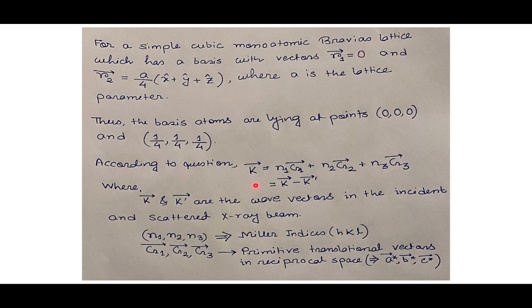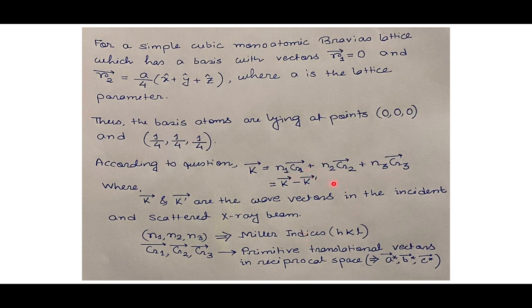According to the question, this capital K vector is basically the difference between two k vectors. This is the incident k vector, this is the reflected k vector. From the Ewald construction, we know that this reflection will happen when K is a linear combination of your reciprocal lattice vectors, that is n1 times g1 vector plus n2 times g2 vector plus n3 times g3 vector.